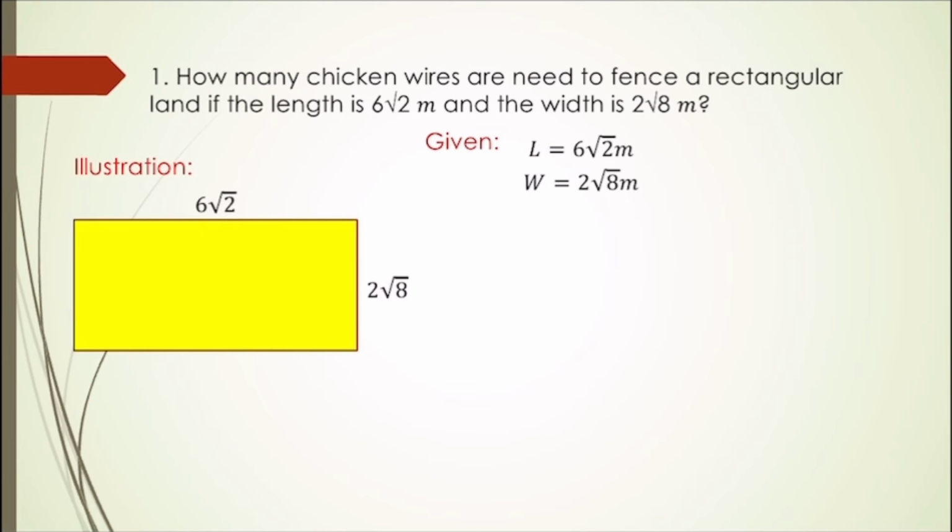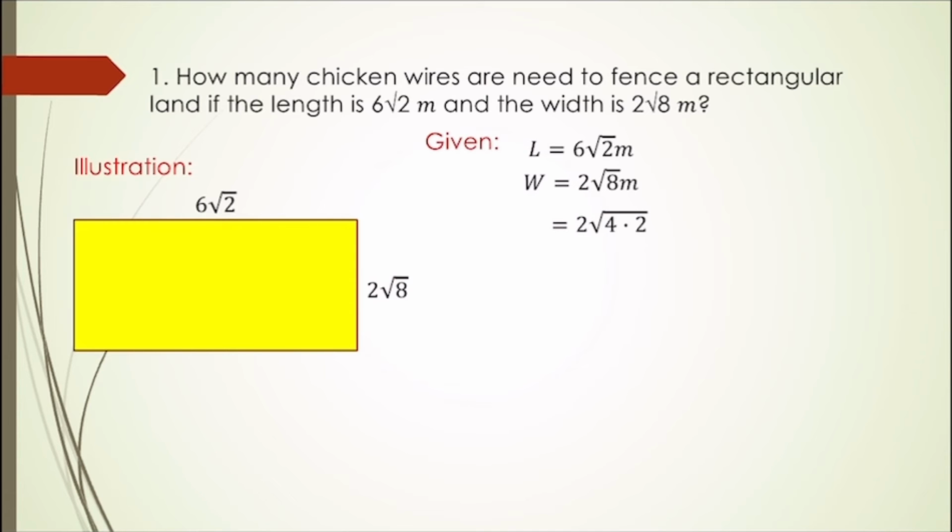By the way, before we proceed with that, since we are studying the addition and subtraction of radicals, since 8 is not a perfect square, we can factor 8. We need to choose a factor with a perfect square.